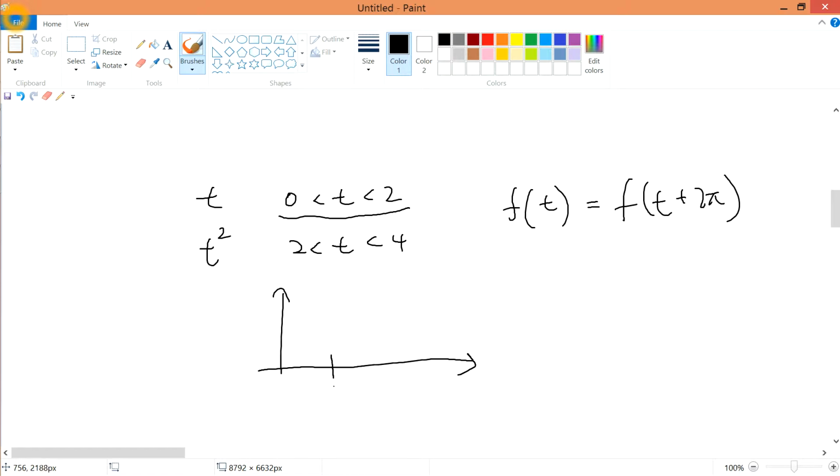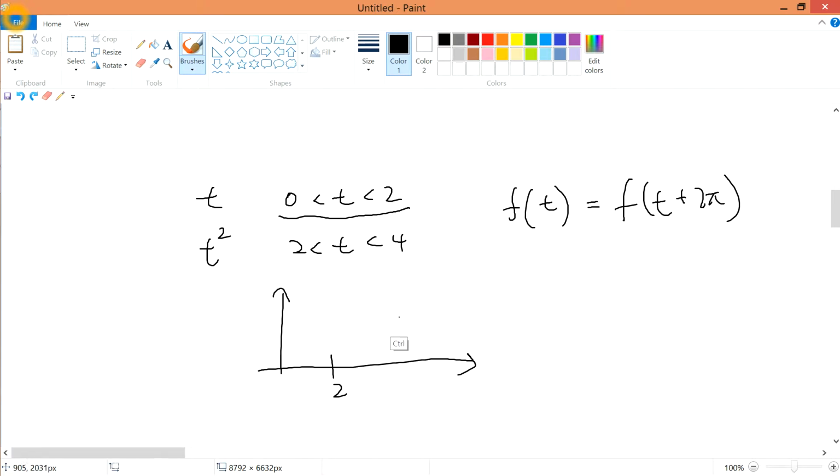So from 0 to 2 is just some t value, and then from 2 to 4 you have t squared. So it's somewhat like a parabola, going exponentially up or whatsoever. Some graph, okay?